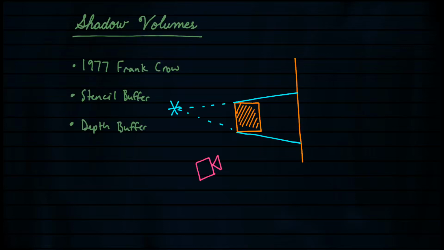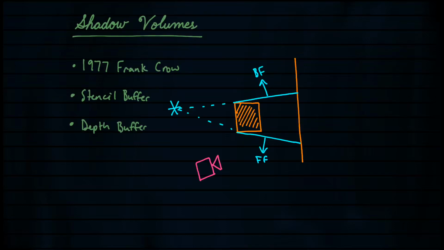One of the ways we do this is, first of all, we're going to render the front-facing and the back-facing parts of the shadow volume separately. So front-facing, in this case, is this one, and this one, because it points away from the camera, is back-facing.